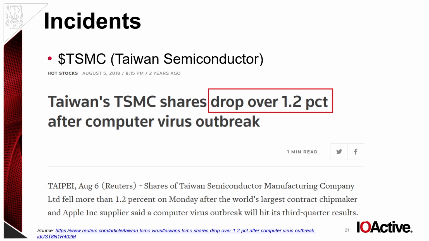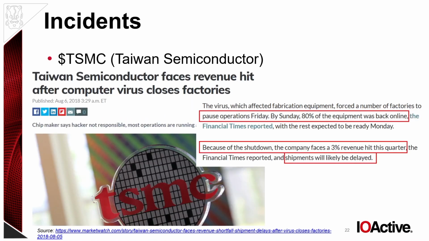Now, when it comes to incidents, let's see the Taiwan Semiconductor drop. Basically, there was a virus outbreak that hit their factories, and it was by Friday, but by Sunday, 80% of the equipment was back online.